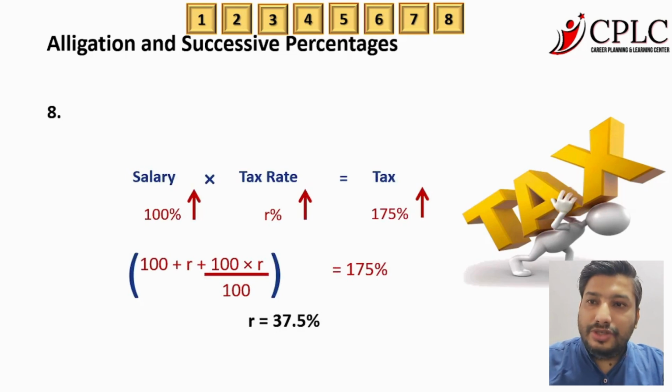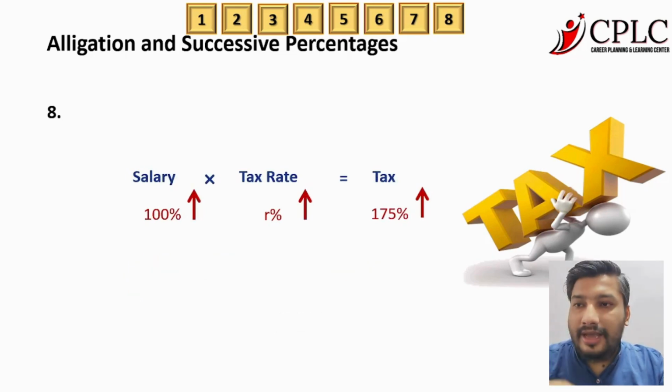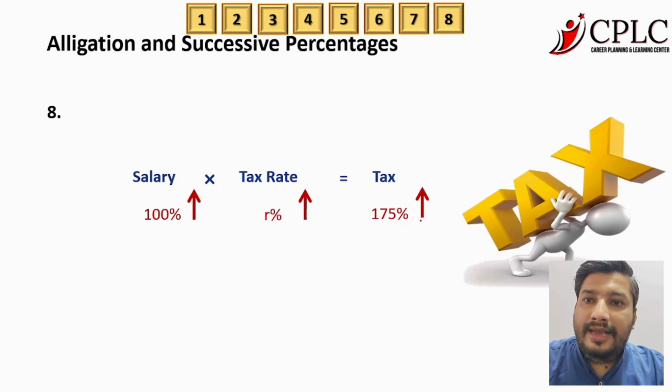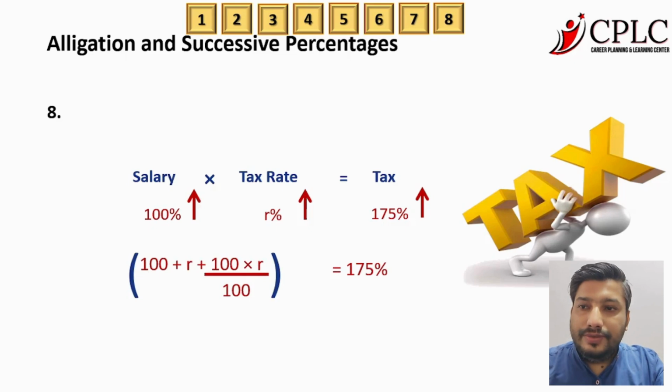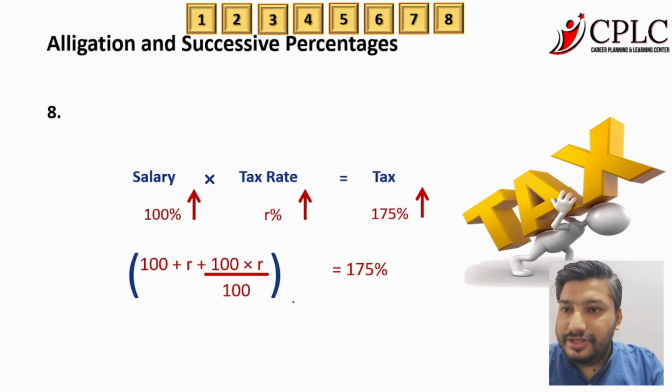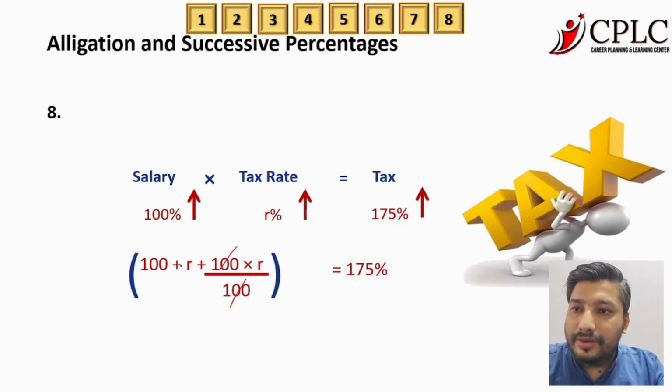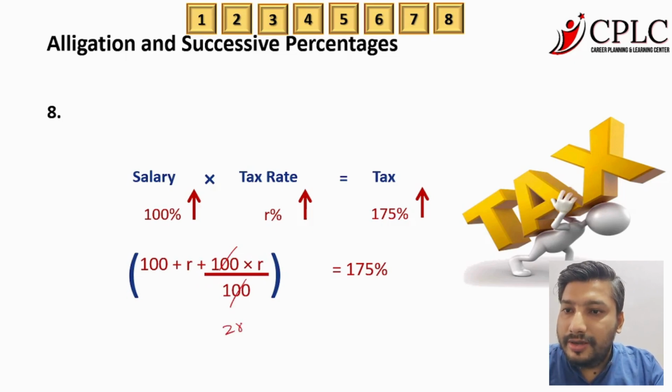So if we assume that the tax rate increases by R%, for example, and salary is increasing by 100%, and tax is also increasing by 175%, if you apply the formula, this is what it looks like. So now we just need to solve it. Obviously here 100 and 100 will cancel out. This R plus R becomes 2R, and 2R plus 100 is equal to 175 on that side.